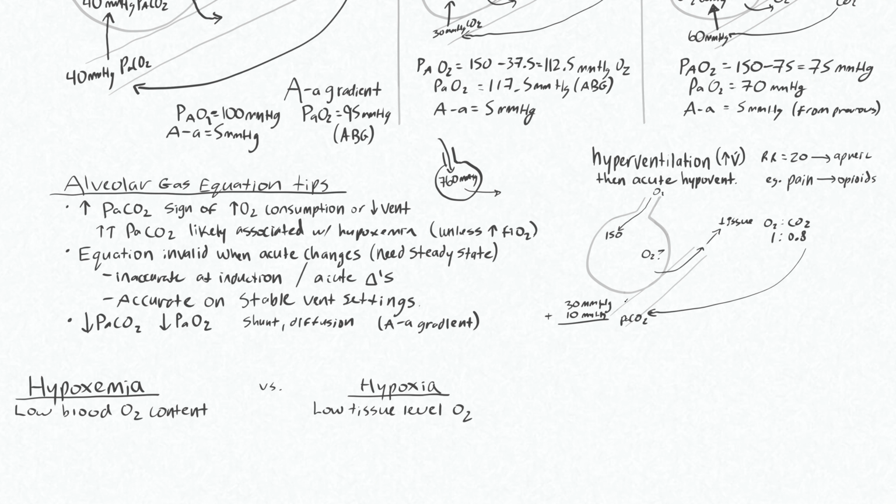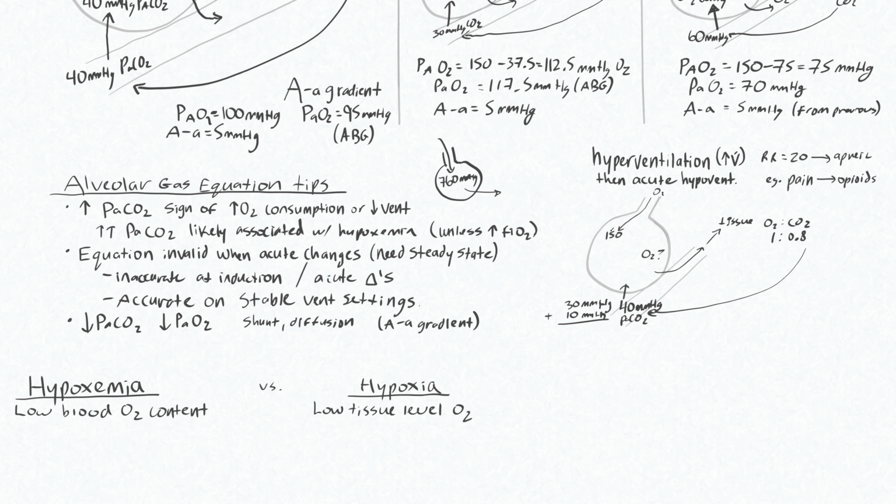So we're going to say that this guy has 40 millimeters of mercury in his arterial circulation. And we got to this by saying that he was at a lower PaCO2 from hyperventilating for a long time and reaching a steady state here. But then now we've added 10 millimeters of mercury for the last minute of apnea.